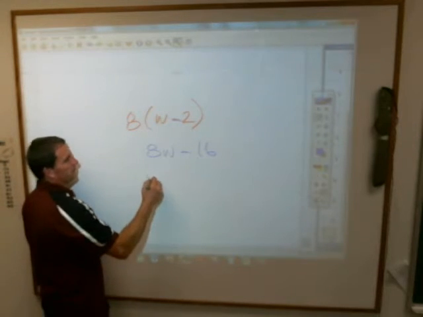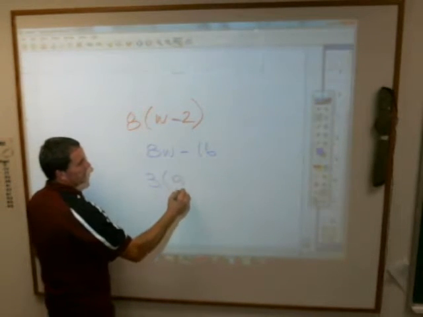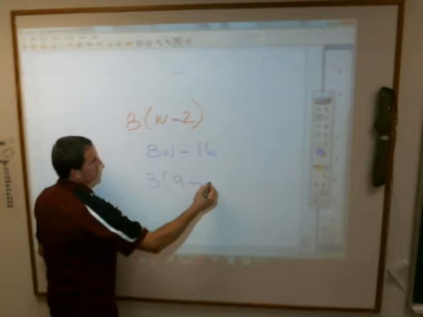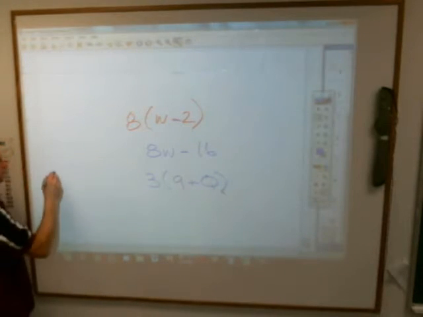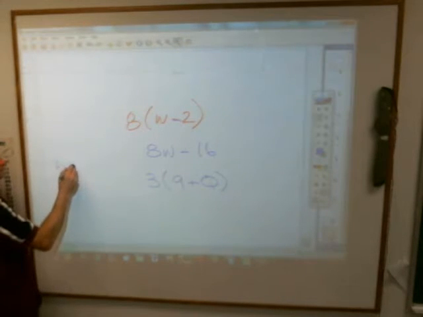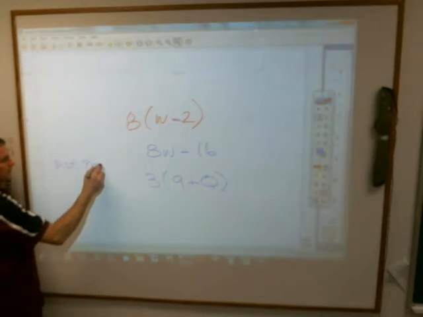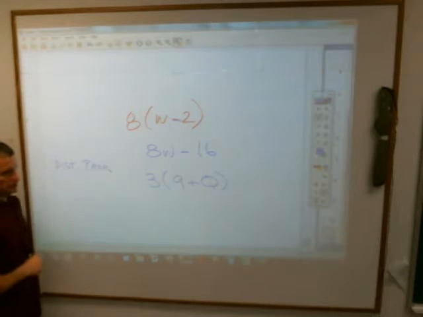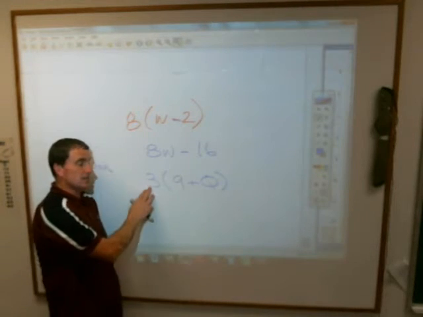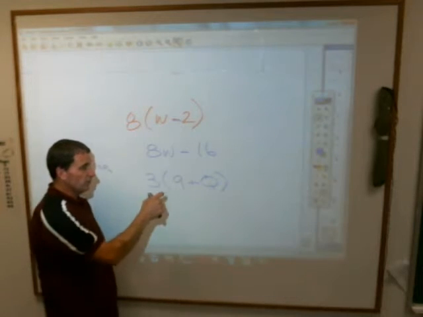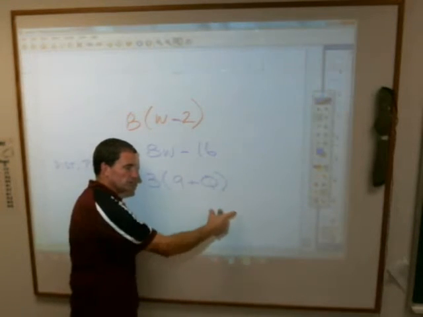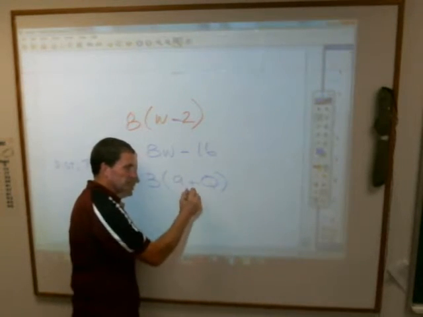How about this one? 3 times 9 plus q. Use the distributive property. If you look at your directions, it just says multiply the thing outside of the parenthesis by whatever's inside the parenthesis. Notice if you got two things in the parenthesis, you'll have two things in your answer separated by an addition sign.